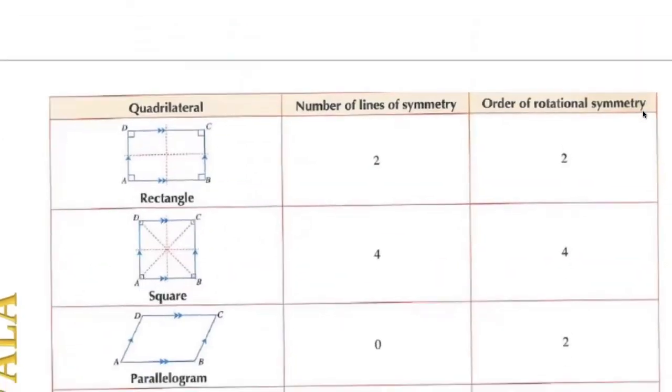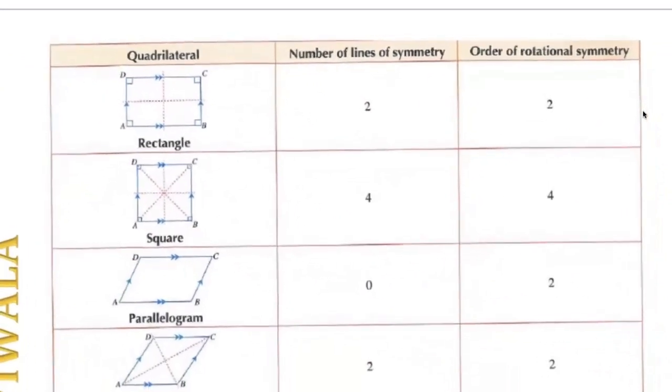Yes. Okay. Now let's deal with quadrilaterals. The first one is a rectangle. A rectangle has 2 lines of symmetry, one vertical, one horizontal. So the number of lines of symmetry is 2, and the order of rotational symmetry is also 2. After 180 degree, you get the same rectangle.